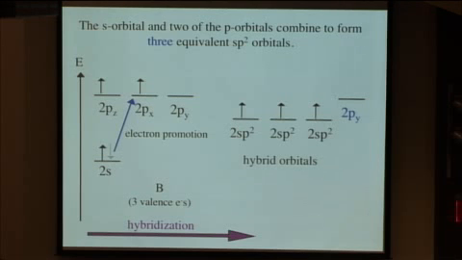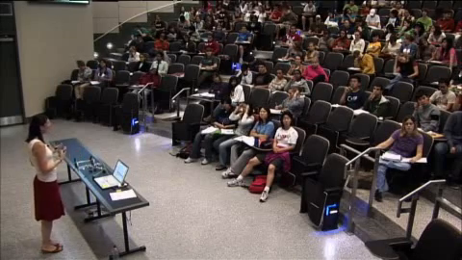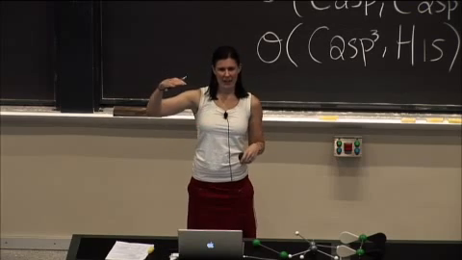And again, you might be thinking, well, why didn't we actually hybridize this 2py orbital? It doesn't actually have an electron in it, so we don't have to worry about whether it's very high in energy or not. We don't care that it's high in energy. What we do care about is the energy of our orbitals that have electrons in them. And if we combined all 4 of the orbitals, then our hybrid orbitals would have more p character to them, so they'd actually be higher in energy.